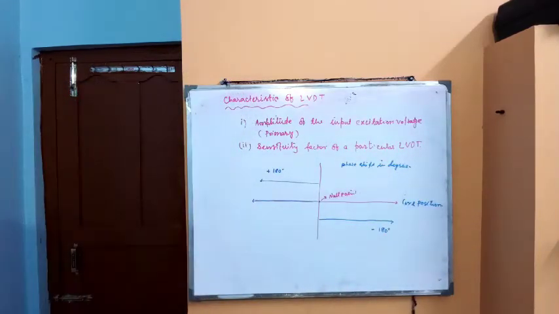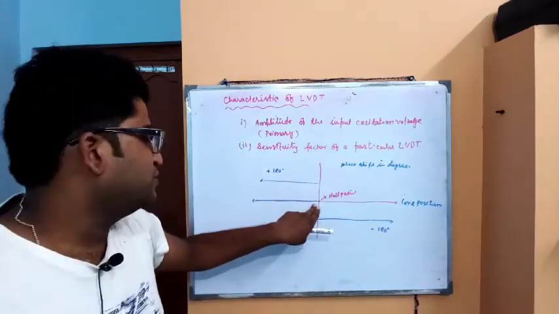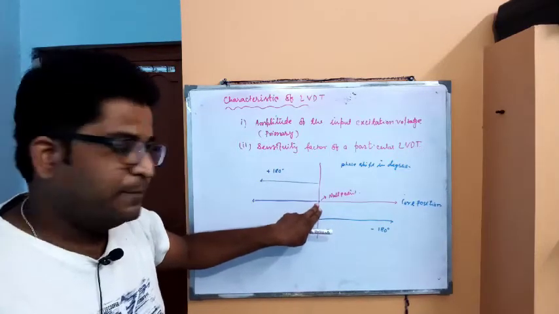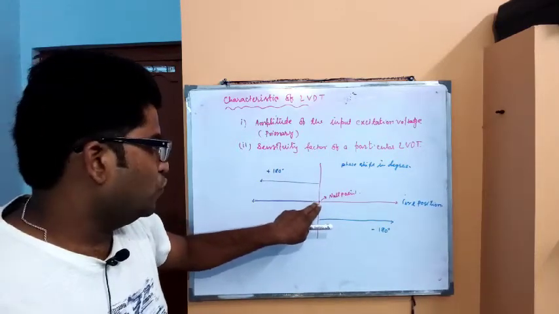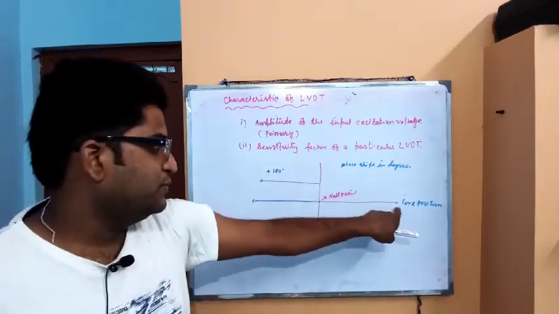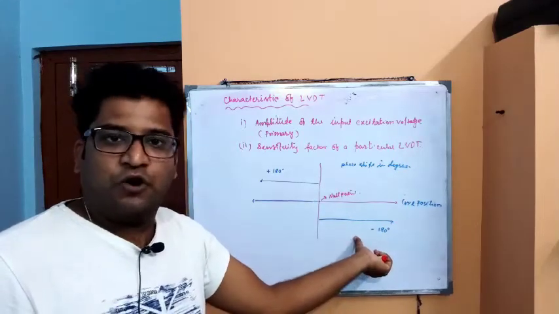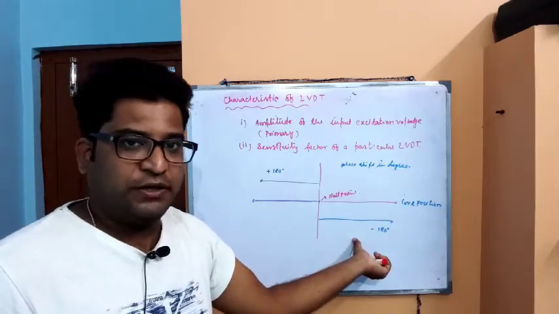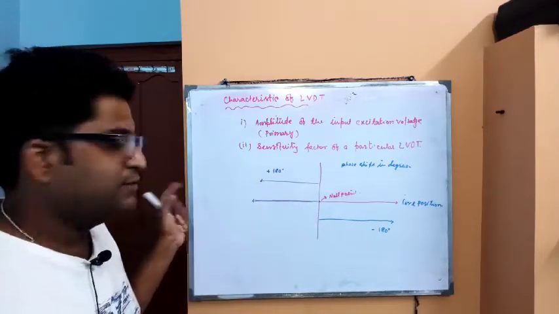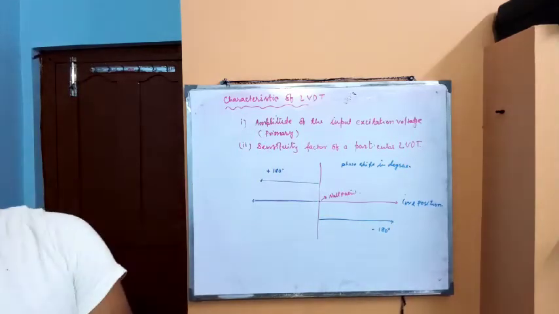Okay, so the middle point of this curve represents the null point, that means the LVDT core is placed over here. As the core starts moving to the right hand side along this line, which represents the core position, we have a phase shift of the output voltage of minus 180 degrees. And if the core moves left hand side from the null point, then we have a phase shift of plus 180 degrees.